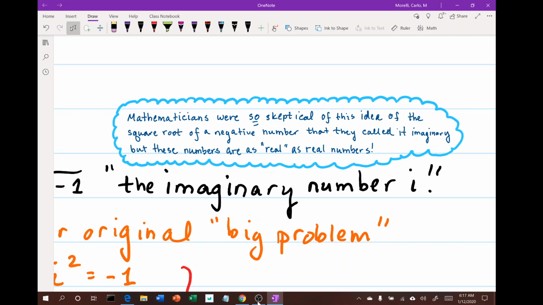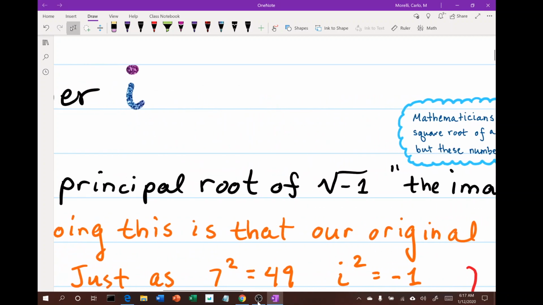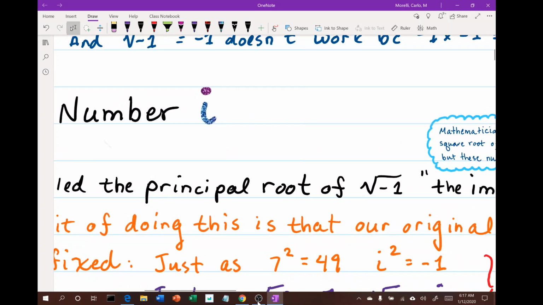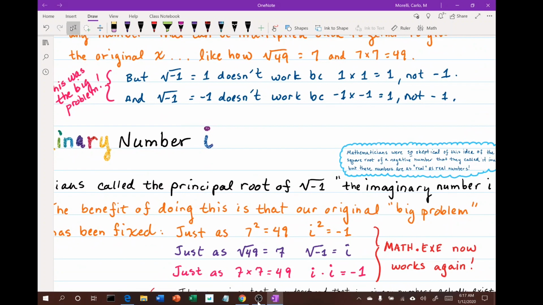Over time, we in mathematics and just humans in general figured out that these are real numbers. They're not part of the set of real numbers, but they are as tangible and useful, and they exist as much as any other number. 1, 2, 3, 4 are as real, in air quotes here, as i.